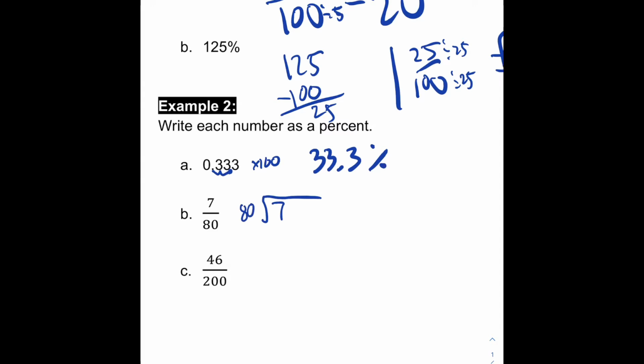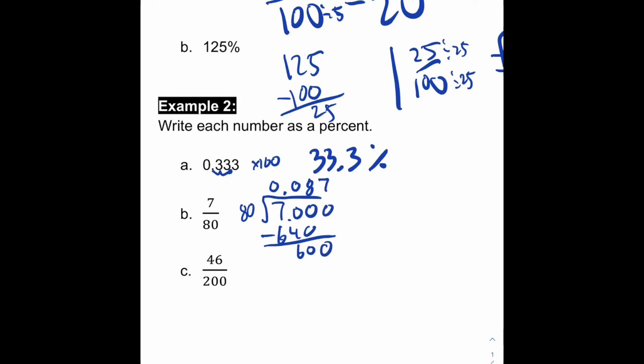So 7 divided by 80 is going to be a 0. Still, got to add another one. How many times does 80 go into 700? Let's see here. It's going to be 8. 8 times 80 is 640. So when I subtract that, I get 60, add a 0.